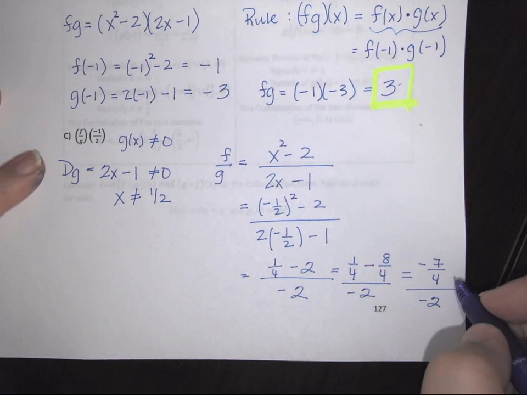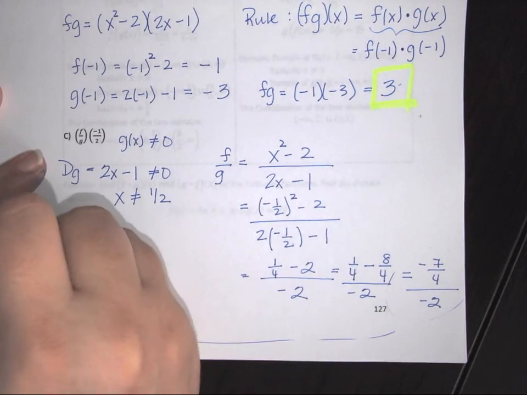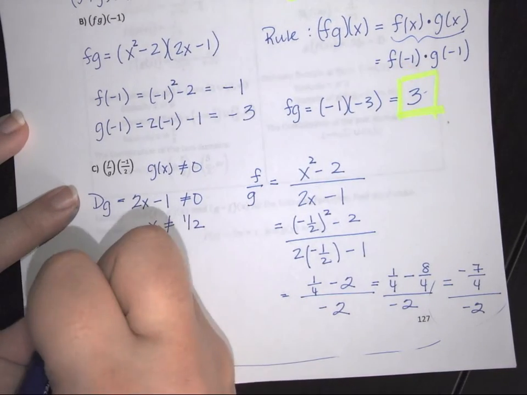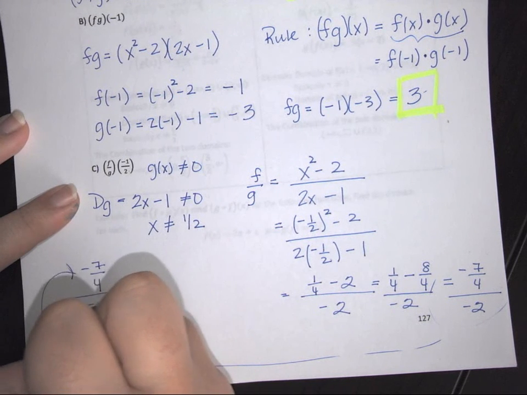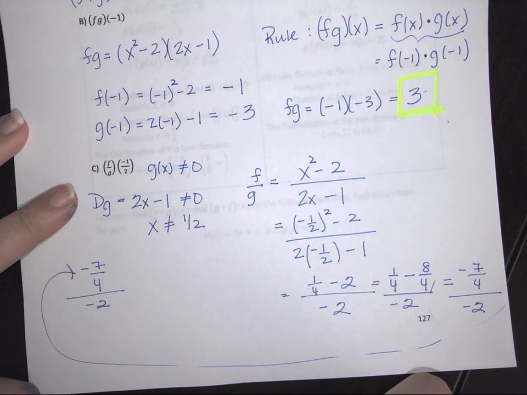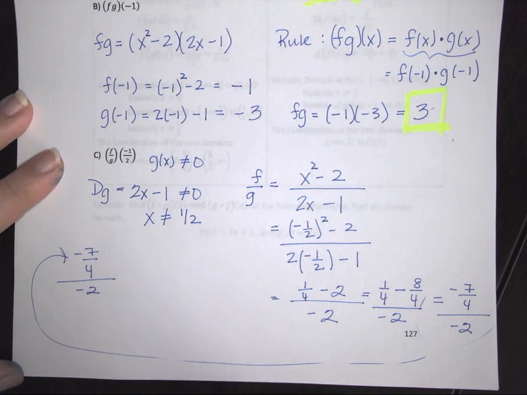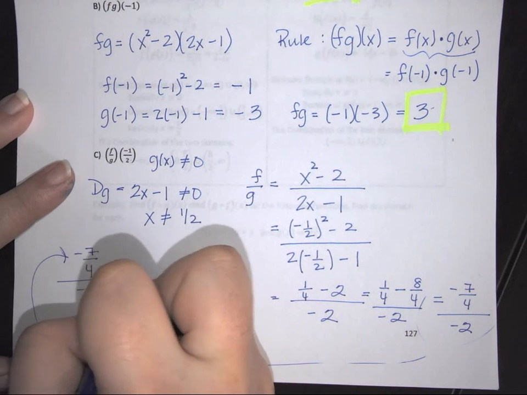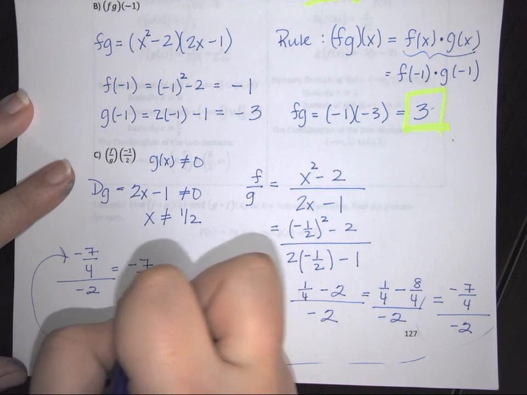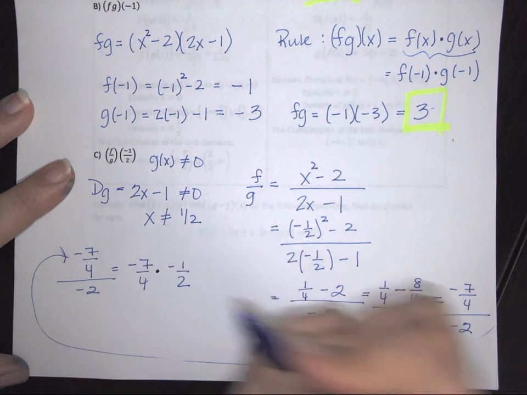So I'm going to take this and go ahead and finish it over here. So I have negative 7 over 4 divided by a negative 2. Well, the rule for that is going to be keep the top, change the sign to multiplication, and flip to the reciprocal of the bottom. So this is going to be the same as negative 7 over 4 times a negative 1/2.